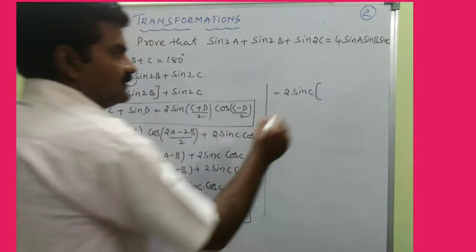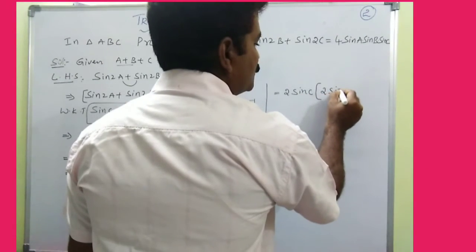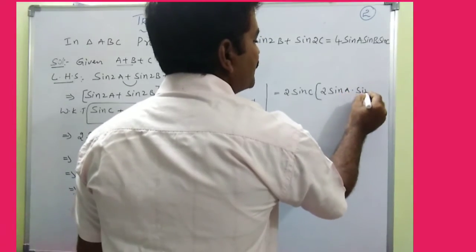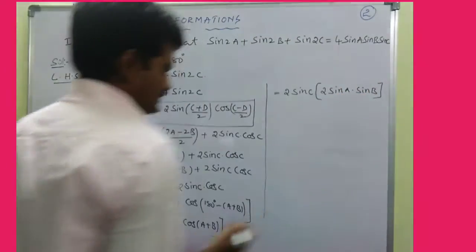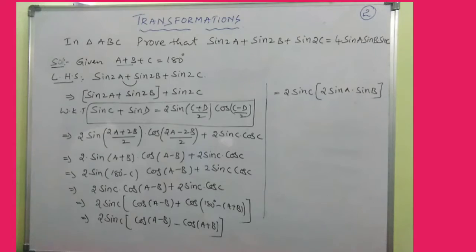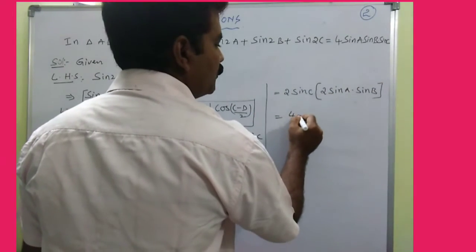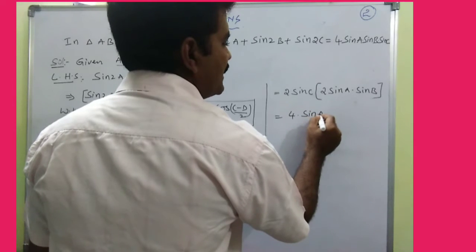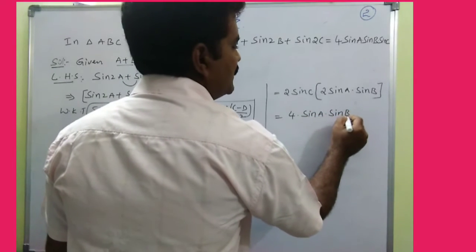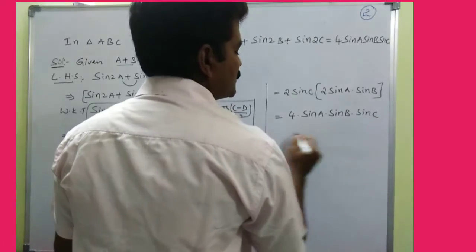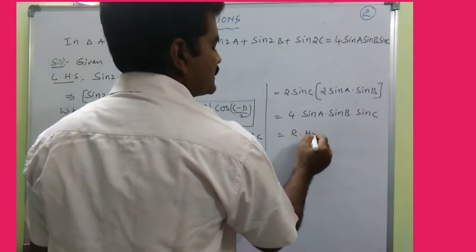Hence you will have 2 sin A into sin B as the simplified answer for these two. Now if you multiply 2 into 2, that is 4 into sin A into sin B into sin C, which is the RHS.